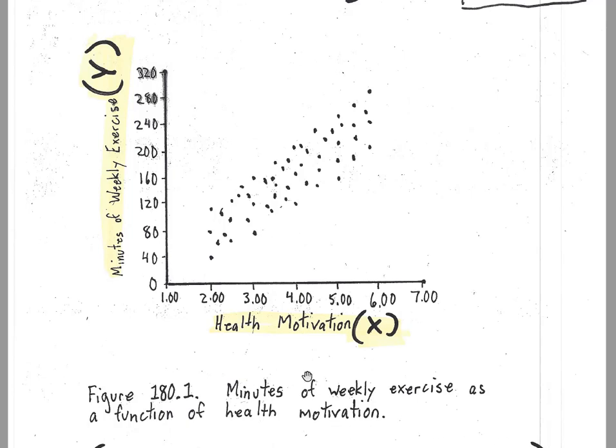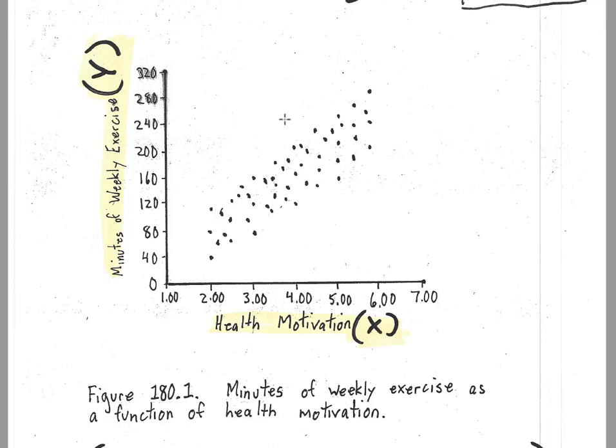This is the scattergram where we're looking at the relationship between health motivation and minutes of weekly exercise. Health motivation is the X variable, minutes of exercise is the Y variable. If somebody scores high on X, we predict they probably score high on Y. The way you do it is you take their score on X. Here's a person that got a score of 6.0 on X. What's our prediction of where they stand on Y?